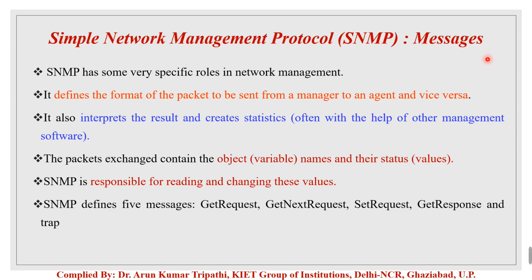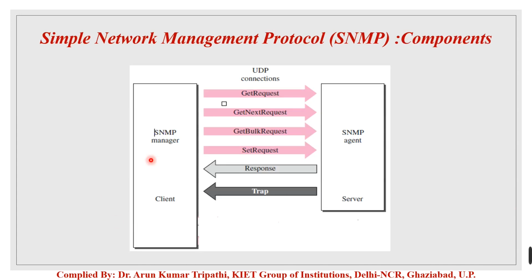the SNMP uses five messages from manager to agent: get request, get next request, set request, get response, and trap. So firstly it will send a get request message to the SNMP agent.